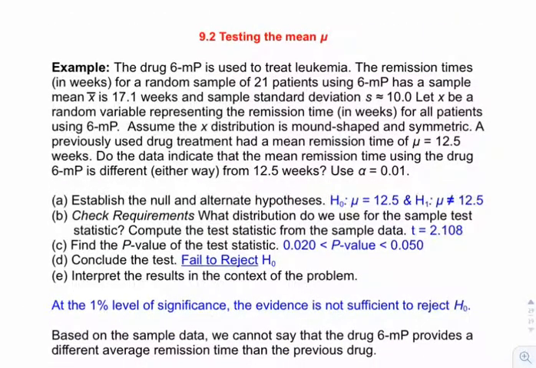So at the 1% level of significance, the evidence is not sufficient to reject H0. Let's make that a little bit more particular to this problem. Based on the sample data, we cannot say that the new drug provides a different average remission time than the previous drug.